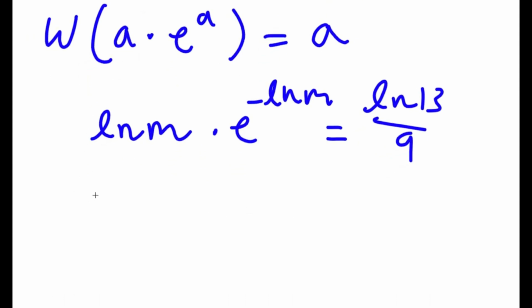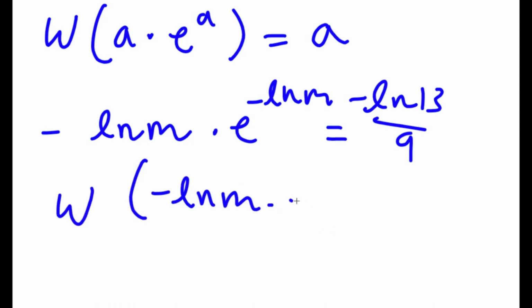Now before doing that, if I multiply both sides by negative, I get negative ln m times e to the power of negative ln m is equal to negative ln 13 over 9. So now if I take the Lambert W function, I get W of negative ln m times e to the power of negative ln m.